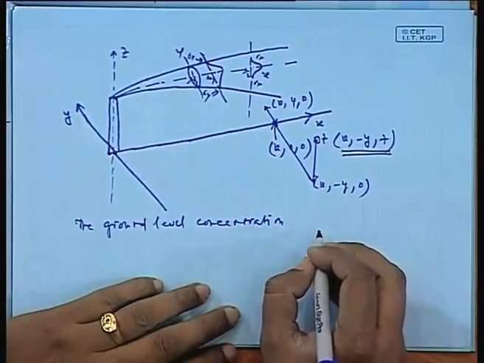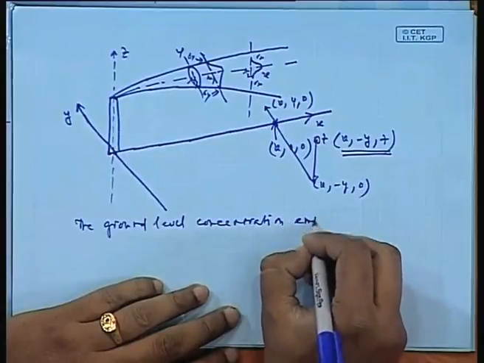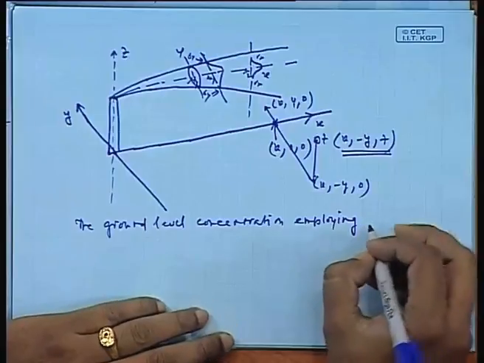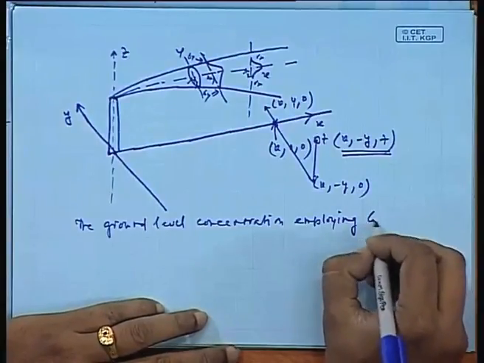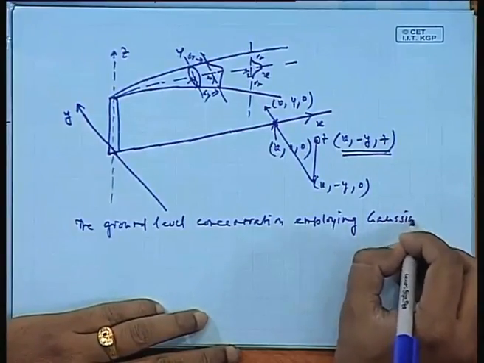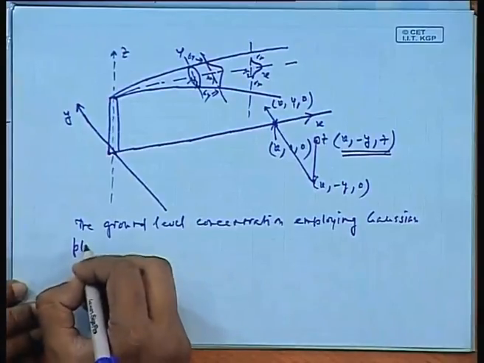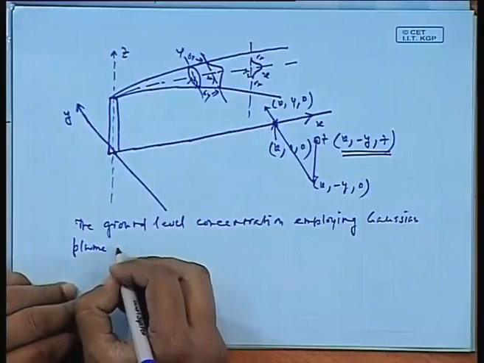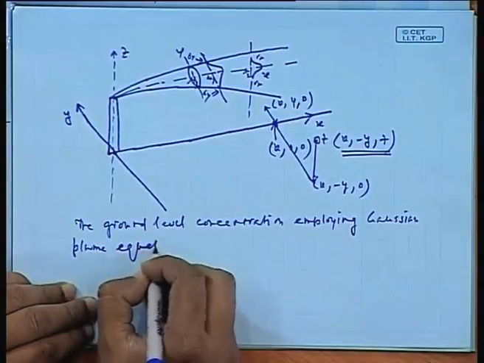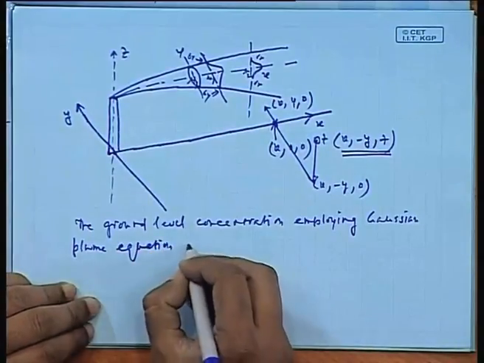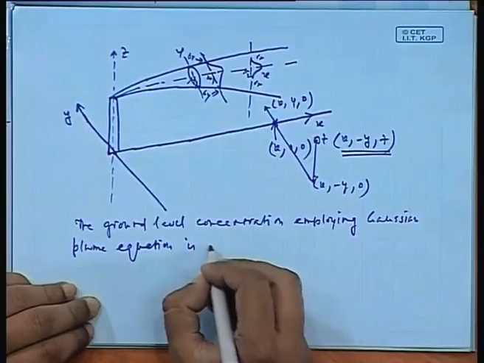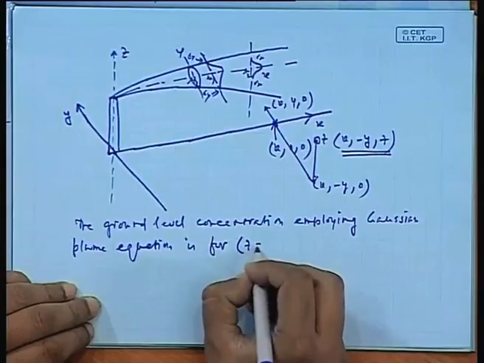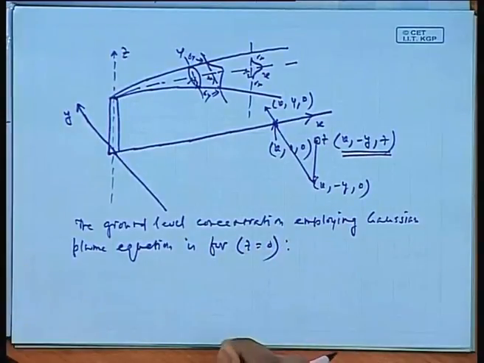The ground level concentration employing the Gaussian Plume equation is for z equal to 0. Remember this, z equal to 0.